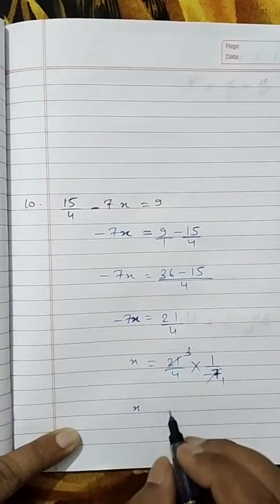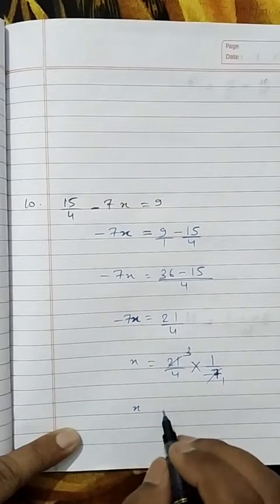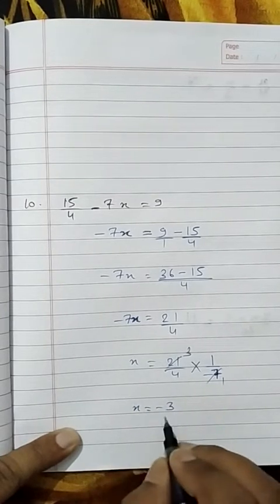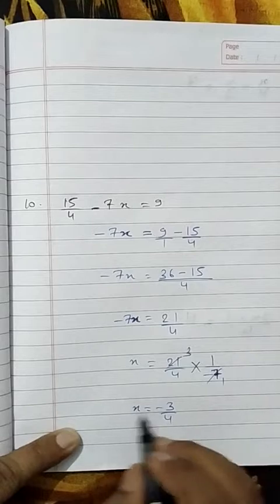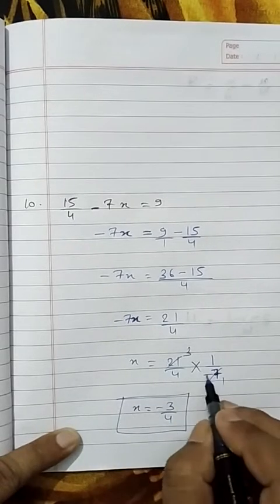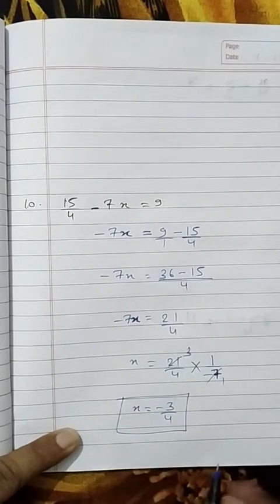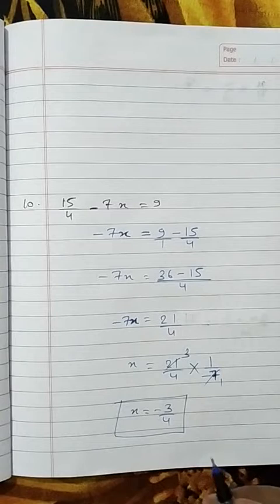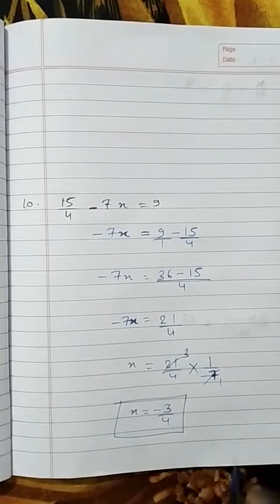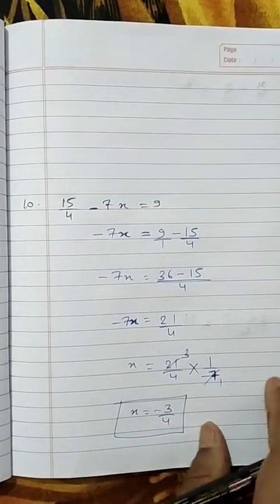Here the value of x will be minus 3 upon 4. Okay, this is the minus sign, this 3 and 4. Always remember that the negative sign should float to the numerator.